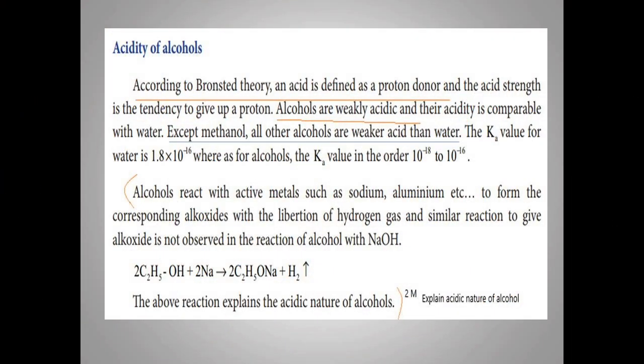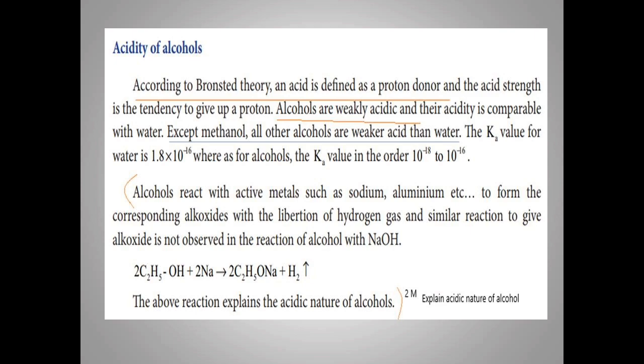Acidity of alcohol. According to Bronsted's theory, the compound which gives the proton as a donor is called an acid. Alcohol gives a proton slightly, so it is considered weakly acidic when compared with water.